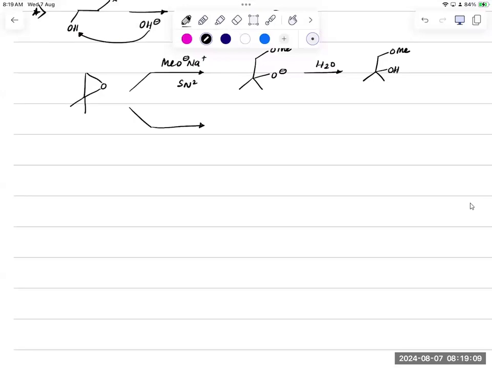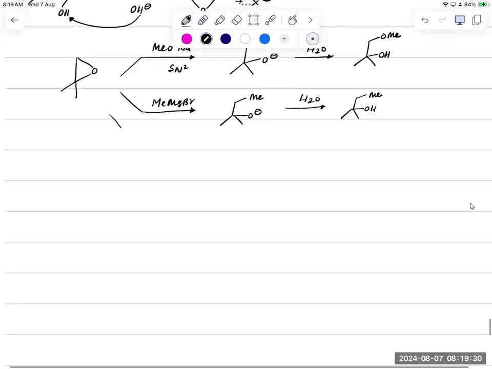Next, if you have the same thing with MeMgBr, the product is the same. Instead of OMe, this time it is Me, and with hydrolysis, we'll get an alcohol with Me.